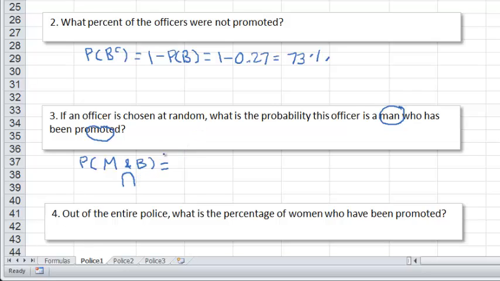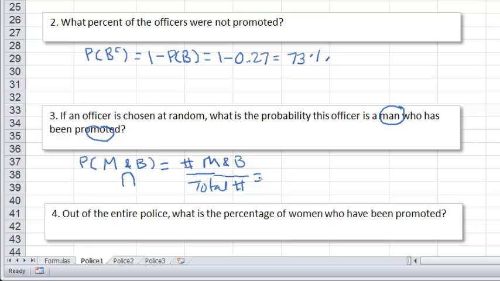And here again, we would count how many people satisfy both of the conditions, and then divide that number by the total number of people. So here we have to say number of police officers who are male and also have been promoted, and then divide that by the total number of officers.